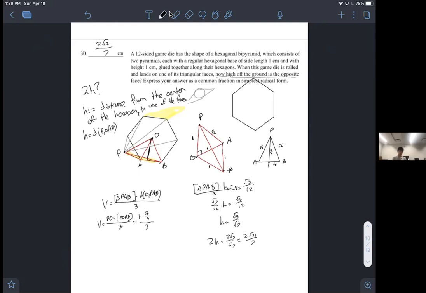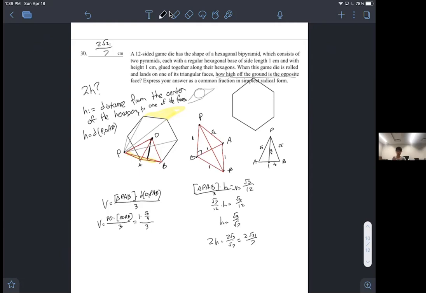And then secondly, to find that distance from the center to a face, that figuratively screams for you to use a volume formula. If you know the distance from a point to a triangle, then you can calculate the volume of the pyramid defined by those 3 points at the base, and that point you know the height from.